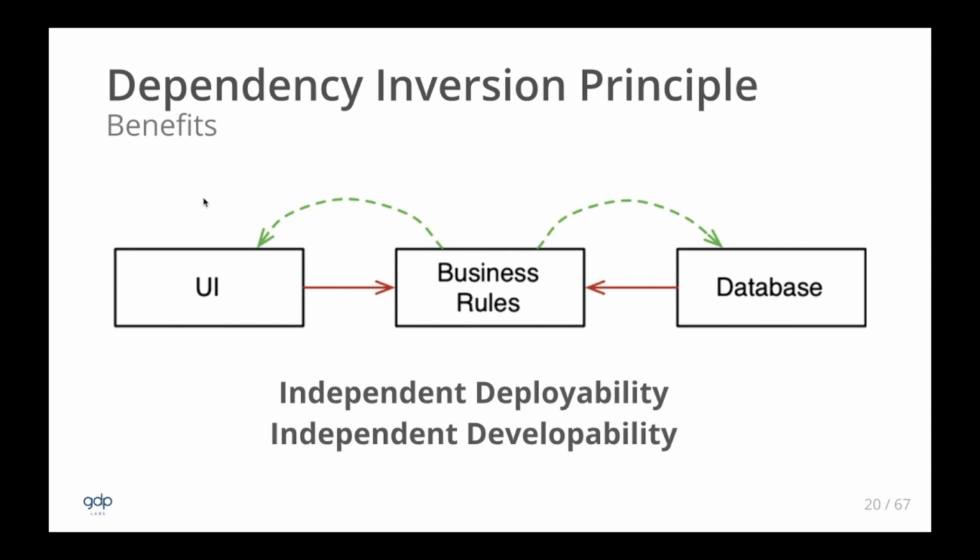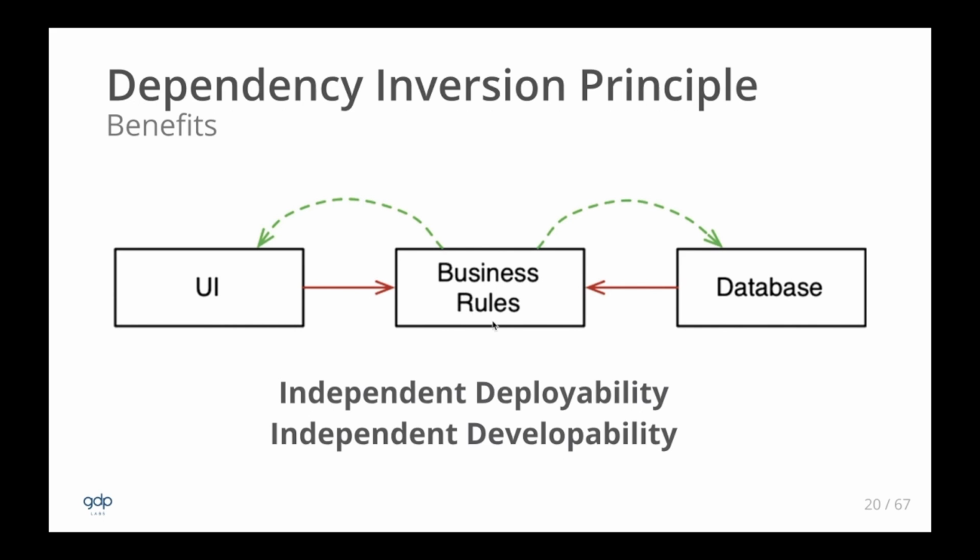With the dependency inversion principle, suddenly you can develop your business rules independent of any user interface, independent of any databases. Remember, UI and databases are details that do not matter. These business rules here are the ones that matter.